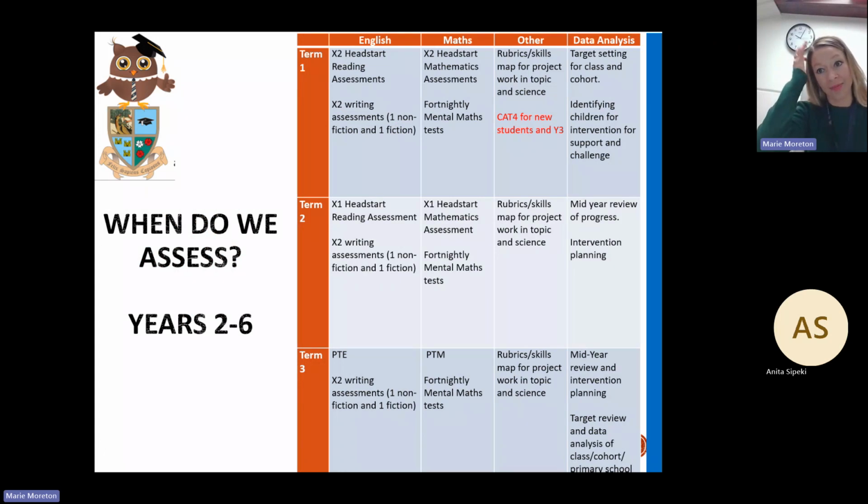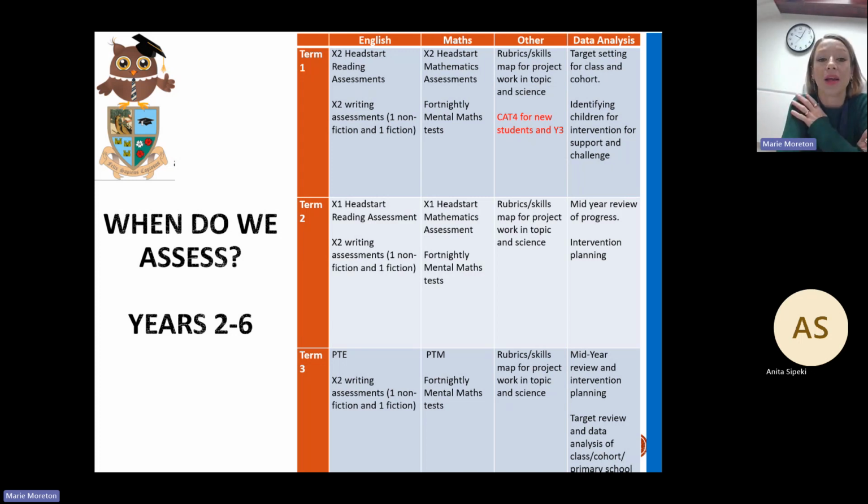When do we assess? So we assess throughout the year. We've already so far done reading, writing and maths assessments, and we will do more reading, writing and maths assessments after half term, towards the end of this very long autumn winter term.